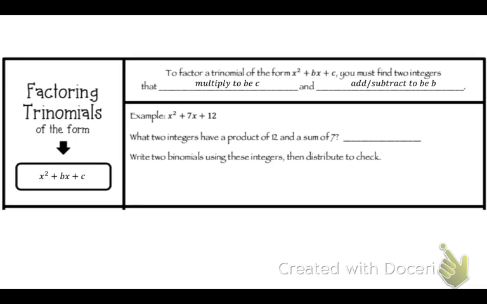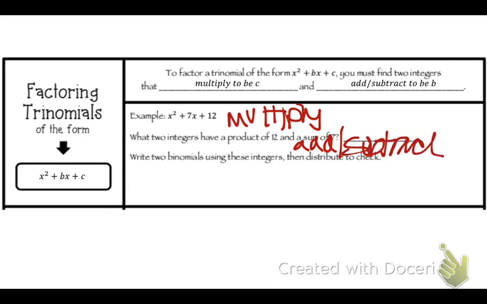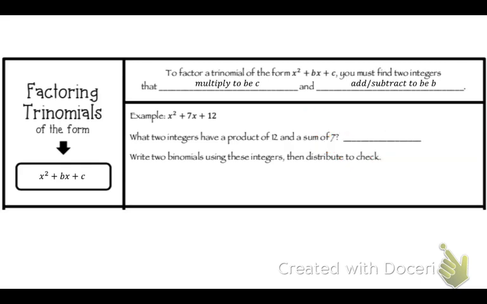What 2 integers have a product of 12 and a sum of 7? So that multiply to be 12, and add or subtract to be 7. Okay? So let's write out the factors of 12.